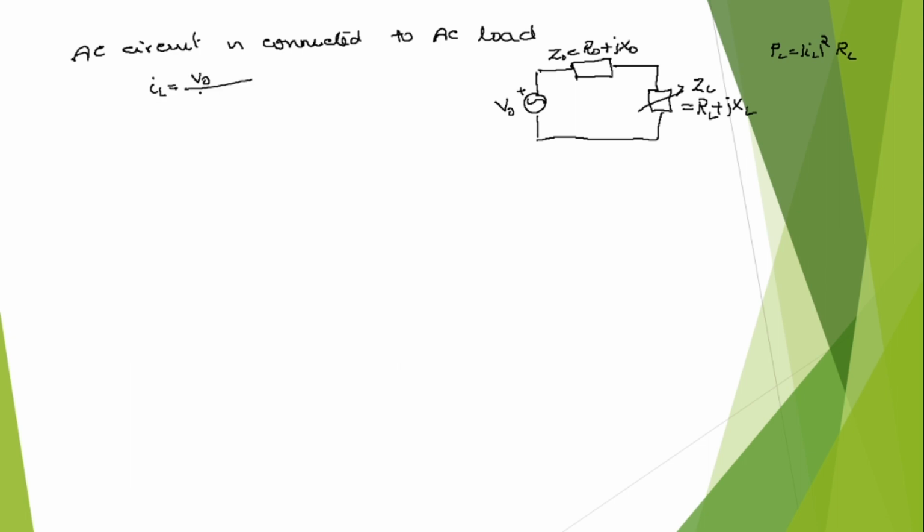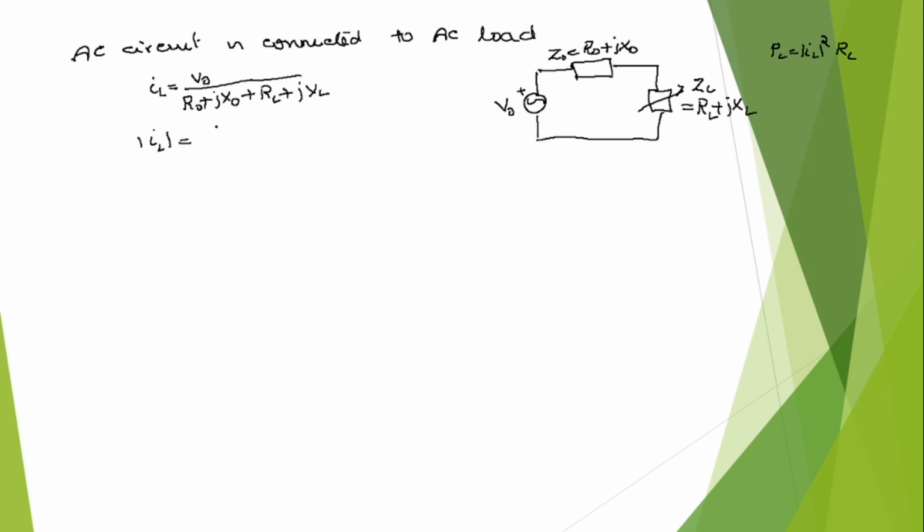IL is V naught divided by R naught plus jX naught plus RL plus jXL. So what is the magnitude of IL?